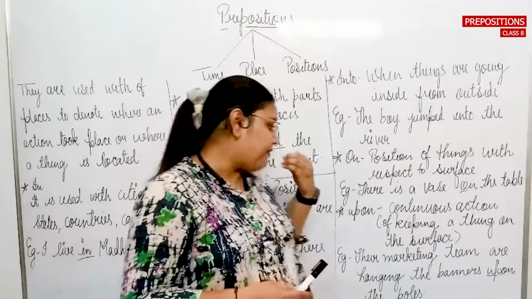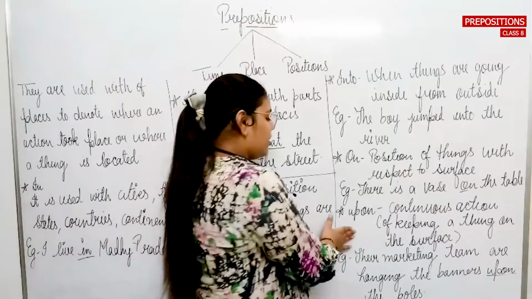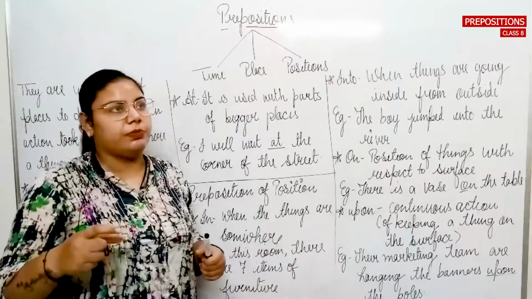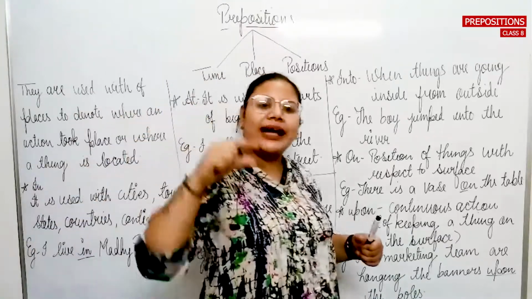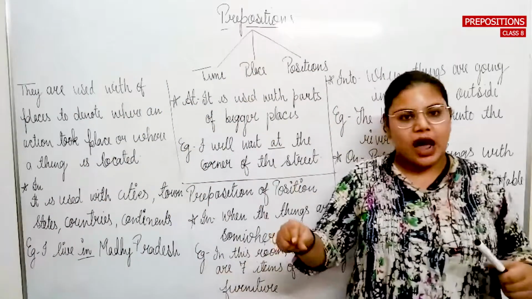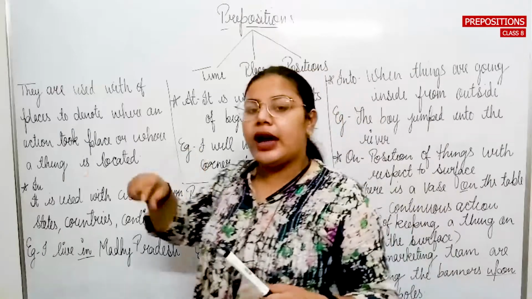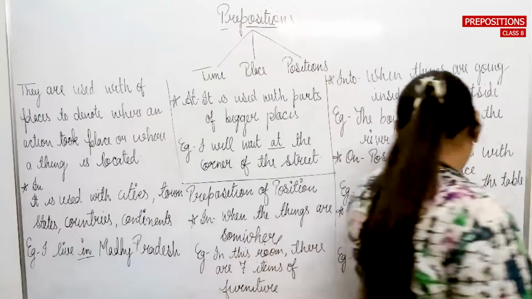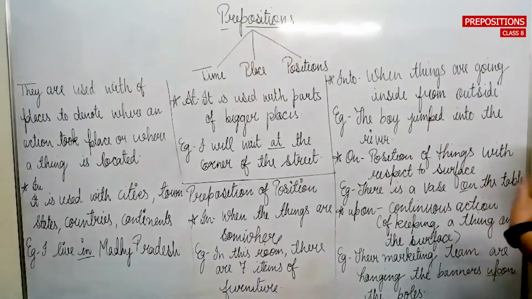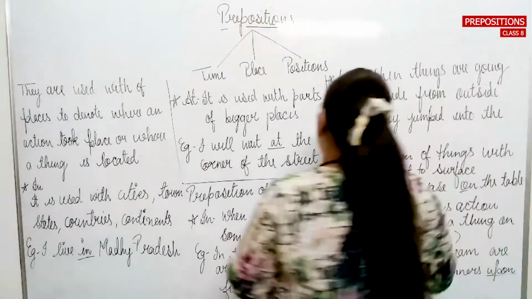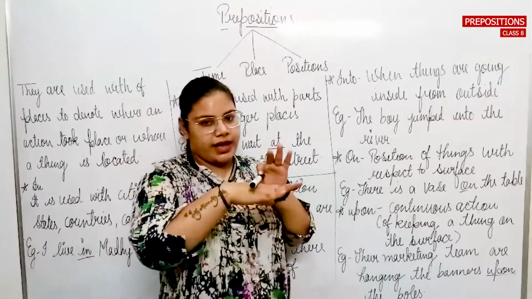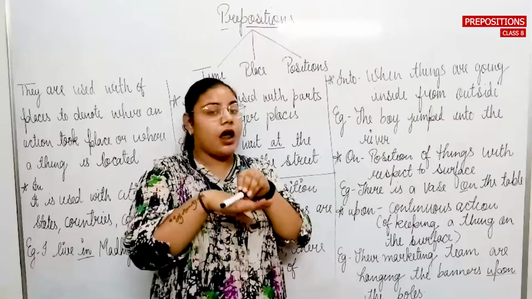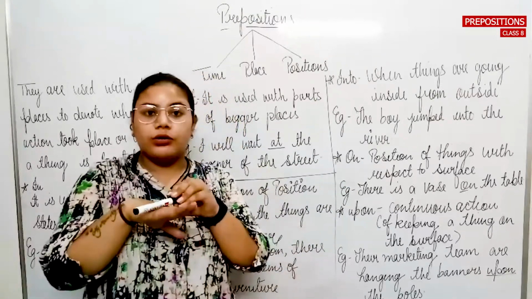But similarly we have upon also, and in upon we have two words, up and on. Here you need to keep in mind that the particular action is taking place right now, a continuous action of keeping a thing on the surface. If I say this marker is on my hand, fine, but if I say I am putting this marker on my hand, this will be wrong.